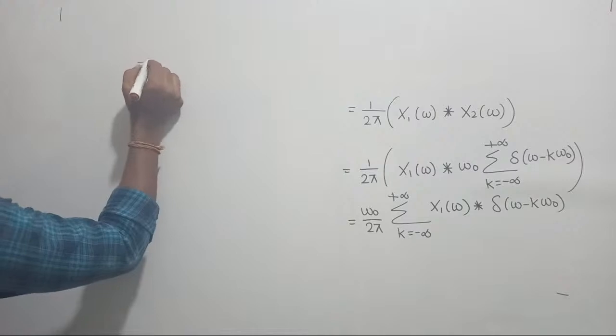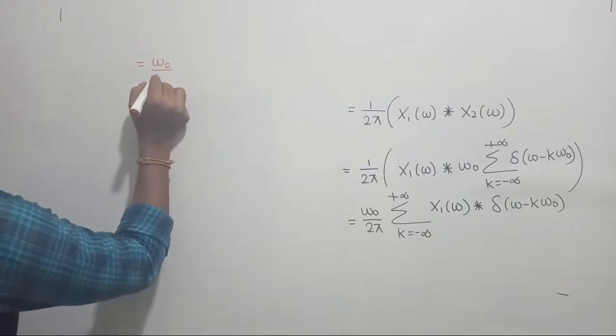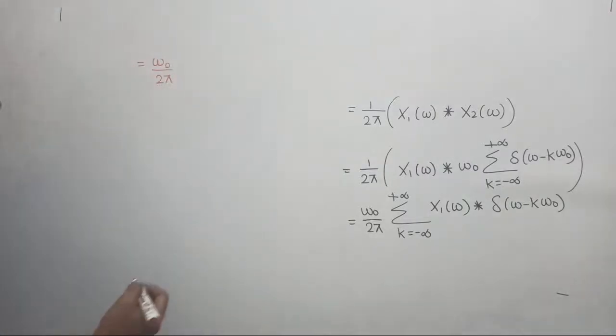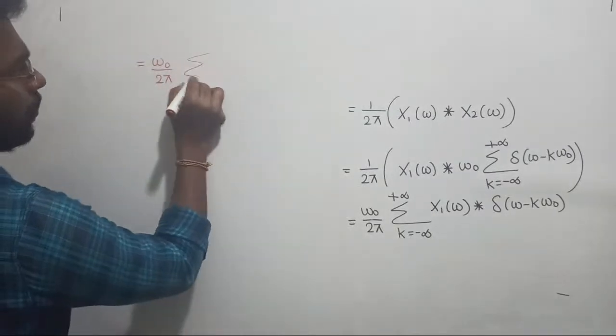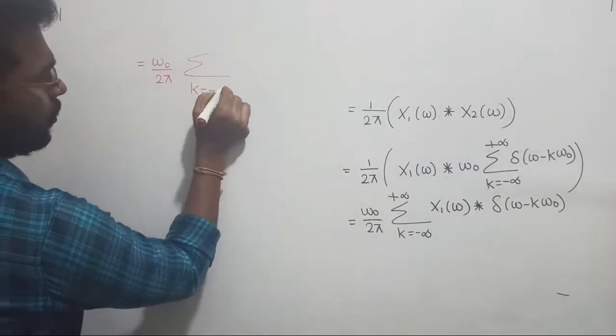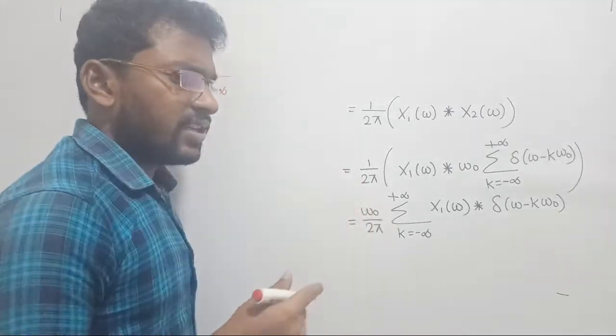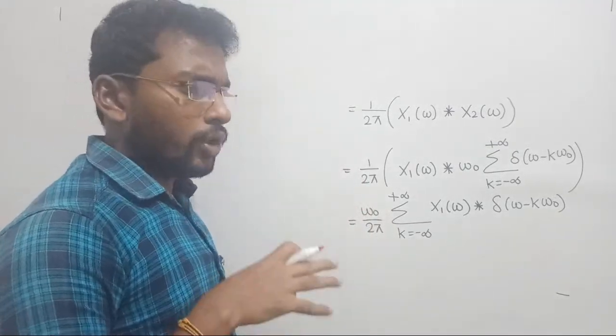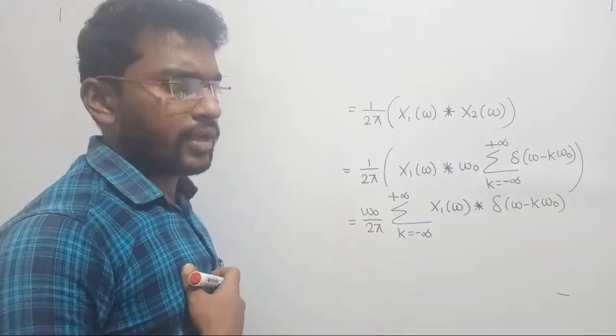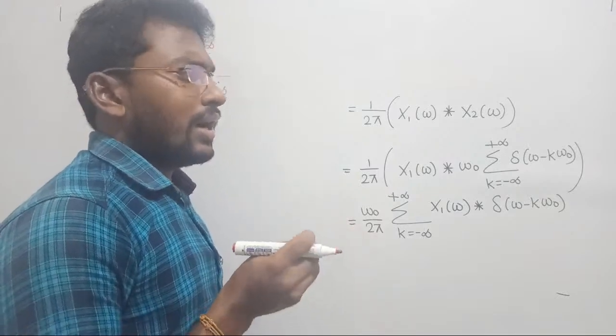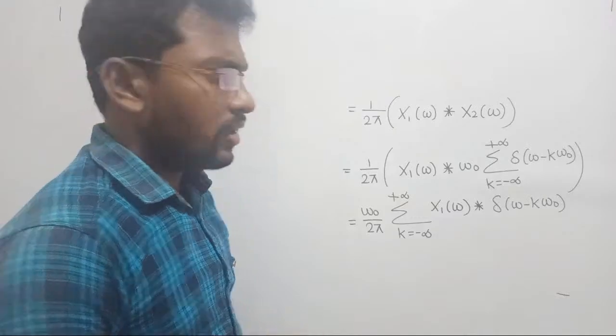Next, in the next step, I am getting omega naught upon 2 pi. Exactly, that is true. But here, let us apply the property of the signal. What property are we going to consider? When I was discussing the basics of signals, I hope you have been watching the basic signals video. There, I have given the convolution property of the impulse signal.